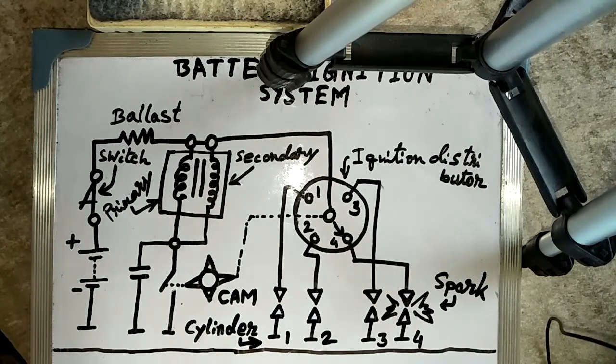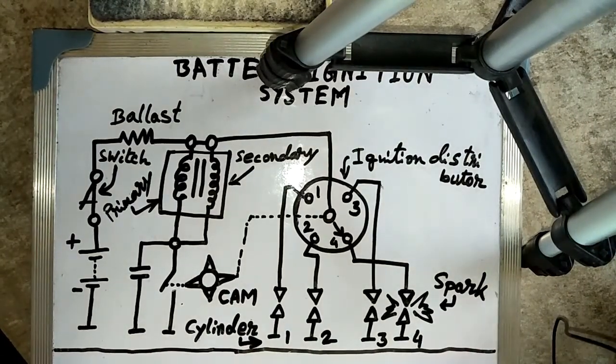As shown in this schematic diagram, as I have already explained, the ignition coil consists of two coils of wire, one wound around the other and insulated from each other.